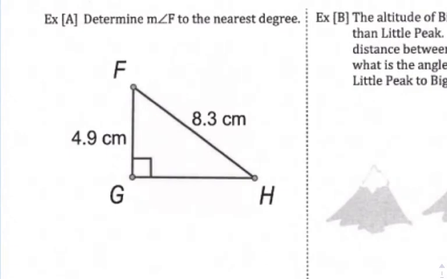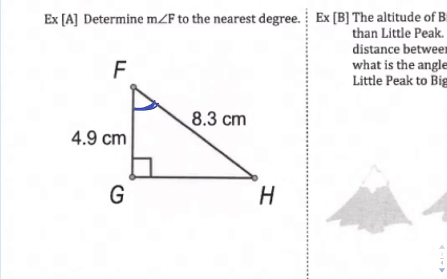So after you're done, what we're going to do is start looking at solving for missing angles here. So I know a triangle adds up to 180. However, I only have one angle in this triangle, and that's that right angle. So it says determine the measure of F to the nearest degree. So I want to know what this angle is.